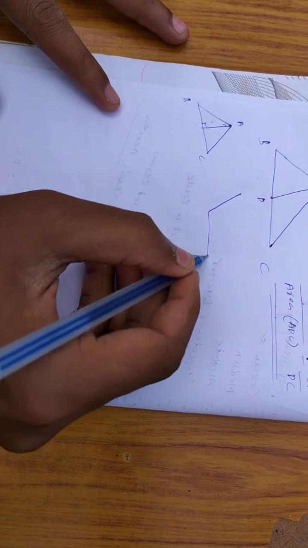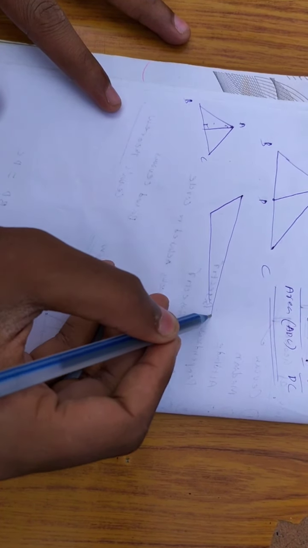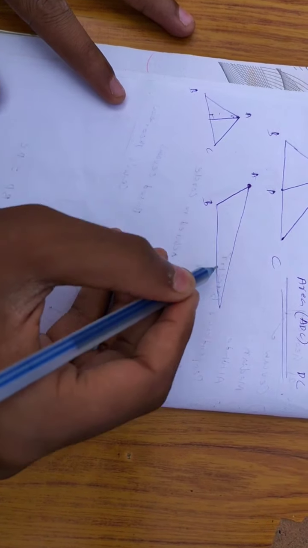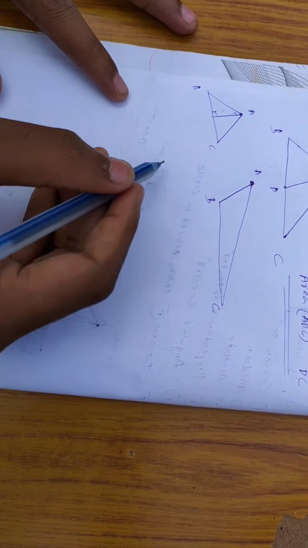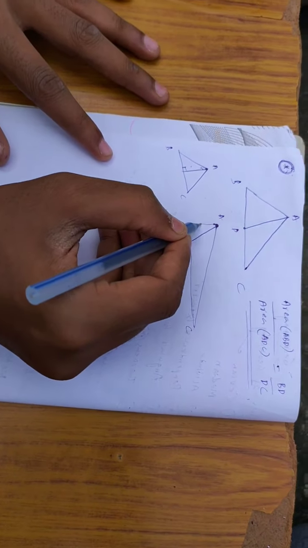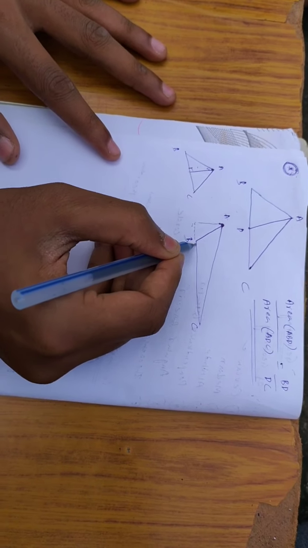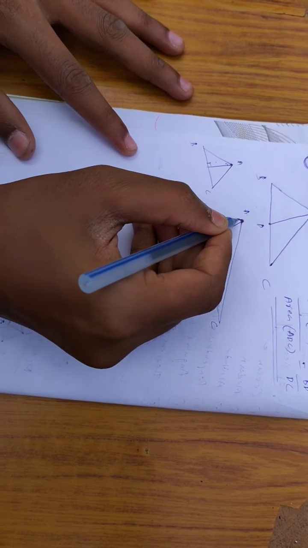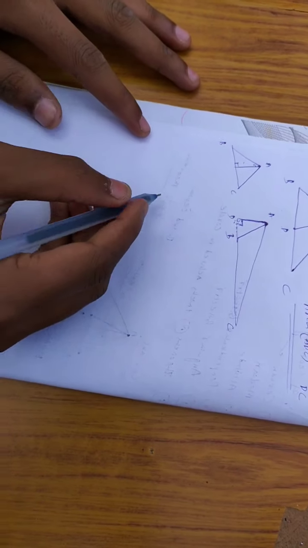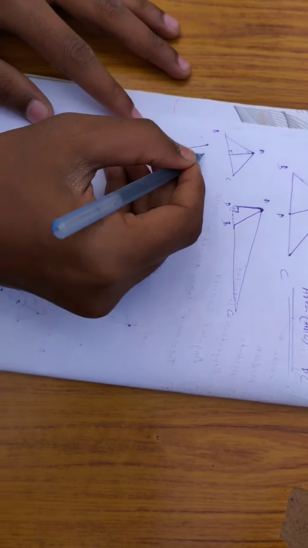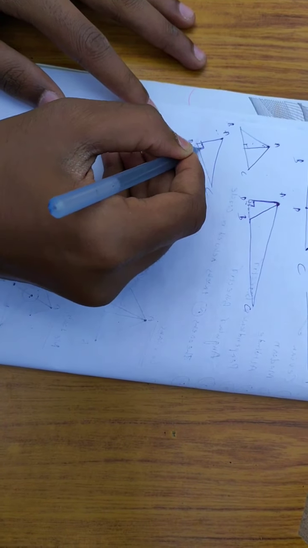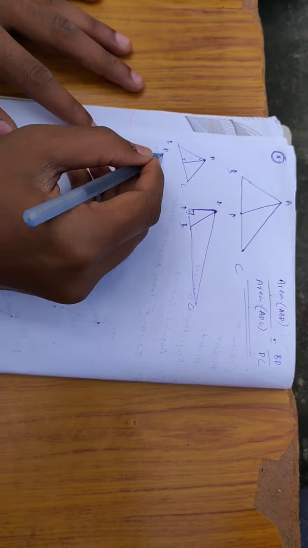In an obtuse angle triangle, if we want to draw the altitude from the marked vertex A, we have to draw it outside. We have to produce BC towards B, so this will be the altitude. And in a right angle triangle, the side itself is the altitude. So this is the altitude to BC.